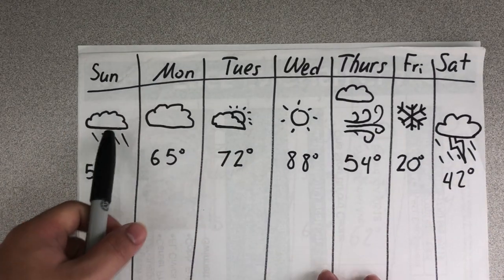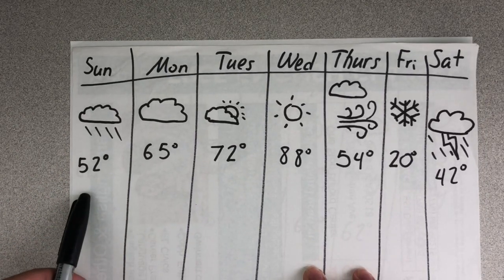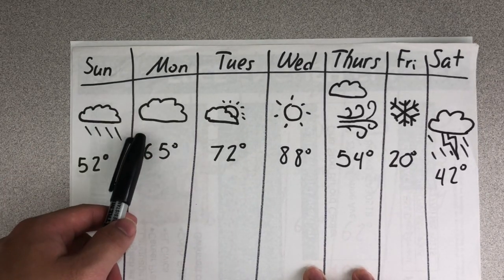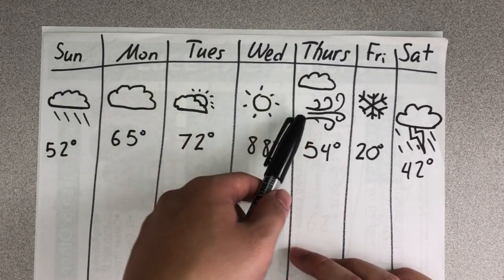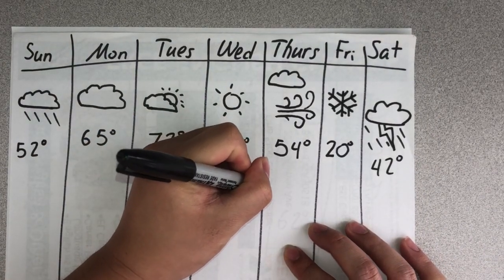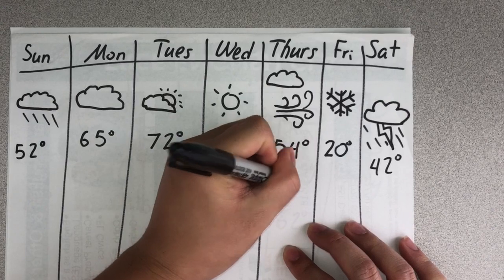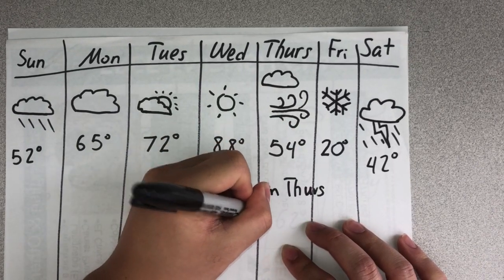So, what is the weather on Sunday? What is the temperature on Sunday? What is the weather on Monday? What is the temperature on Monday? Thursday, let's do Thursday. On Thursday, the weather is windy.